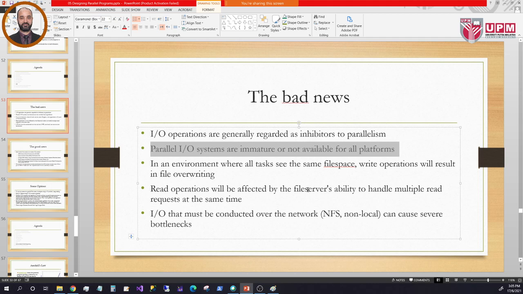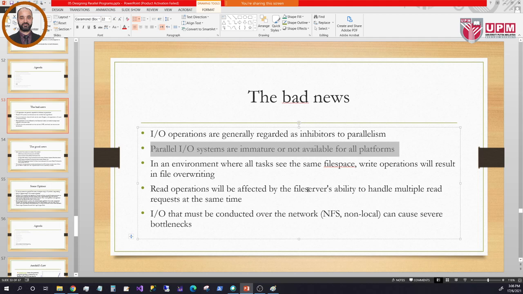If we do not control the accessibility to that file using a lock and wait technique, the result will be overwriting of multiple tasks on the same file. Two tasks may overwrite each other, so the result will be wrong and the program performance will not be as intended. This requires the lock and wait technique, which wastes more time on that kind of synchronization.